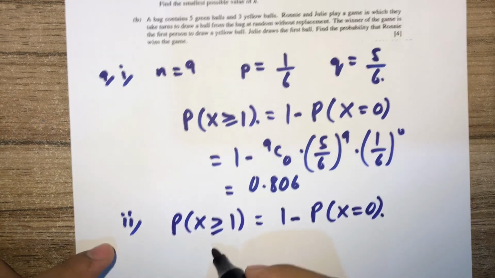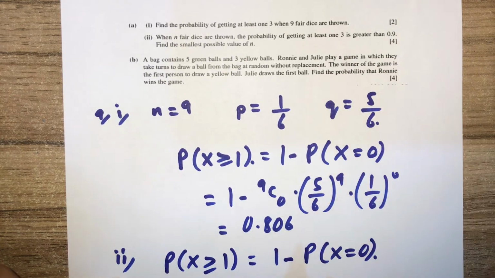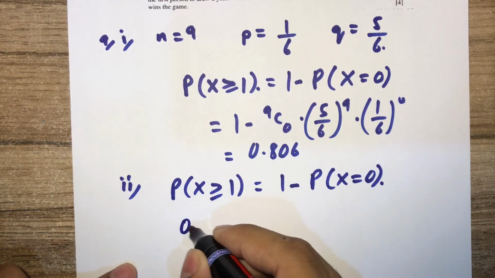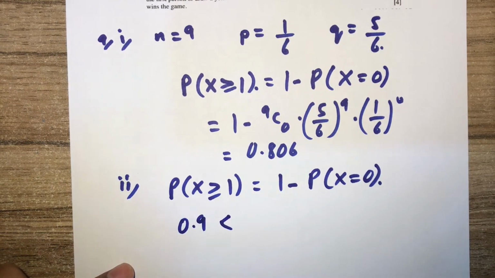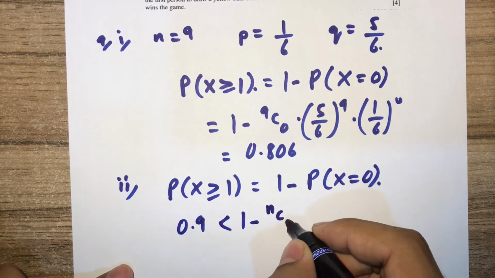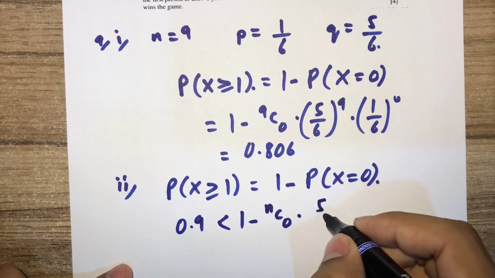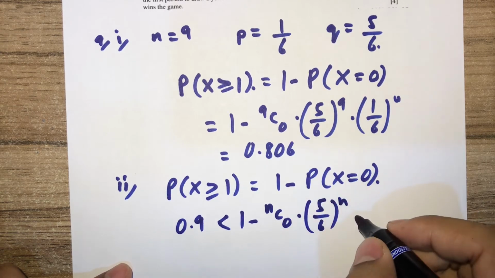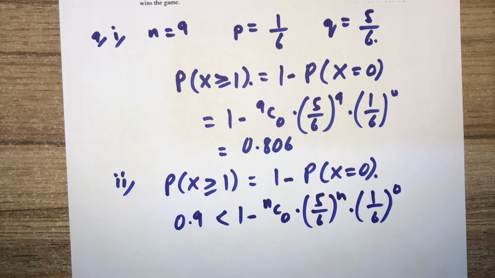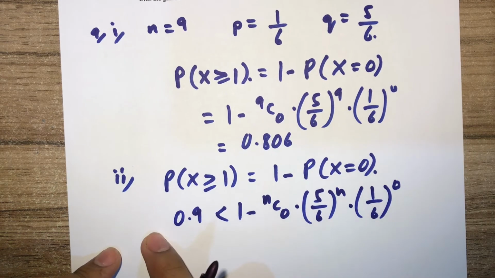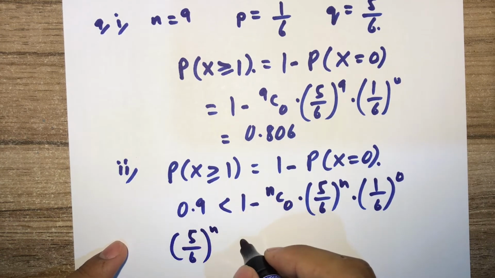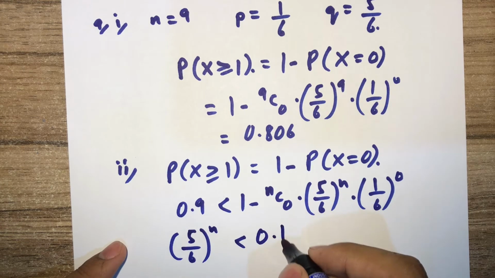Now this probability is greater than 0.9. So 0.9 is less than 1 minus nC0 times 5 over 6 power n times 1 over 6 power 0. So if I shift this to that side, we'll have 5 over 6 power n is less than 1 minus 0.9, that is 0.1.